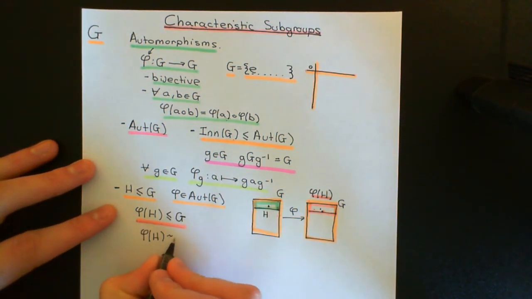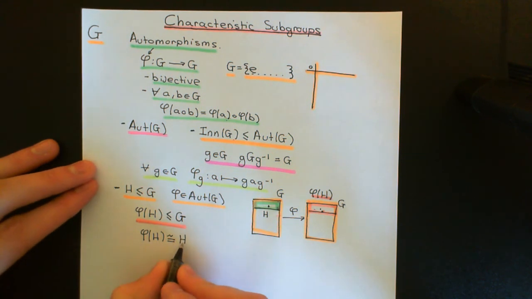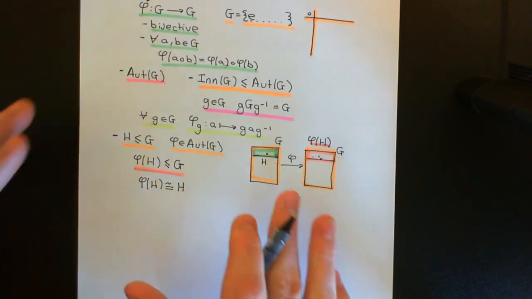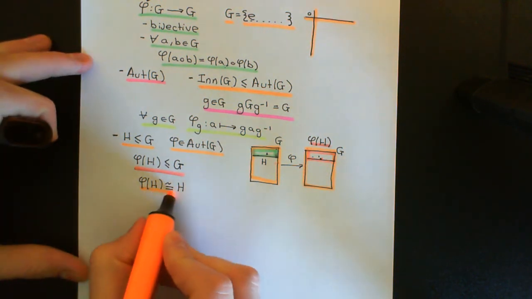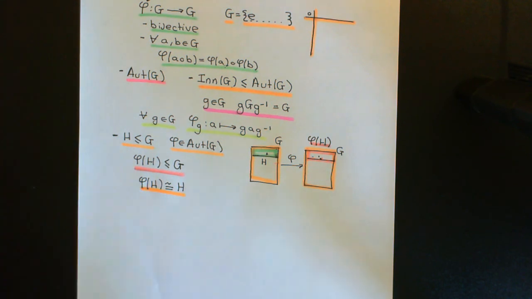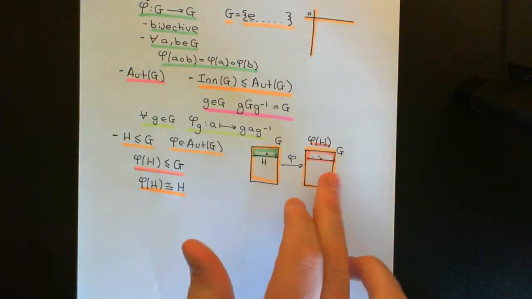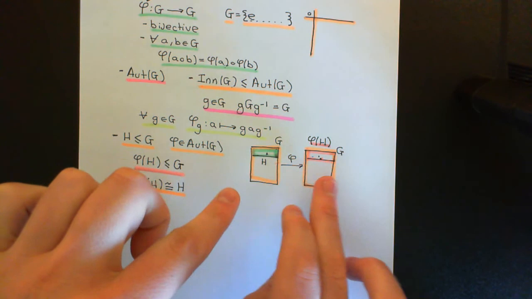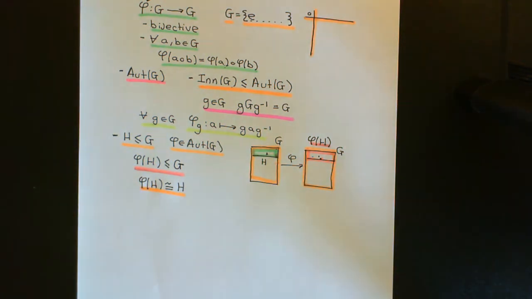So phi of H here will be isomorphic to the initial subgroup, but it's not necessarily the same as the initial subgroup. It could have changed, but it is still going to be isomorphic. So any subgroup is going to be mapped onto another subgroup that is isomorphic to that initial subgroup. And as I say, I could prove that more rigorously, but I hope your intuitive understanding of the fact that this map is truly an algebraic symmetry leads you to believe that that is true.